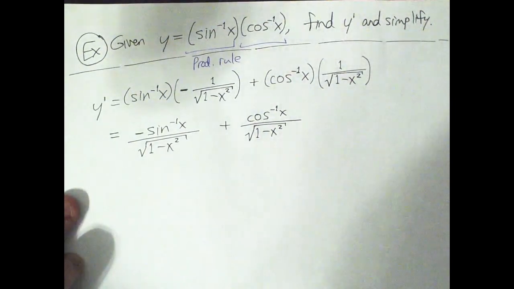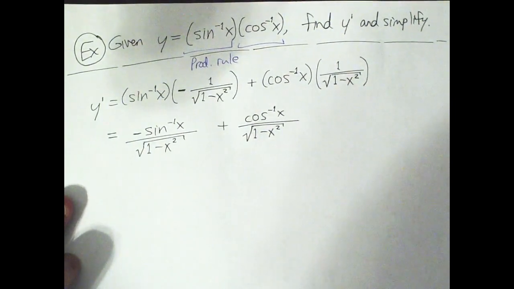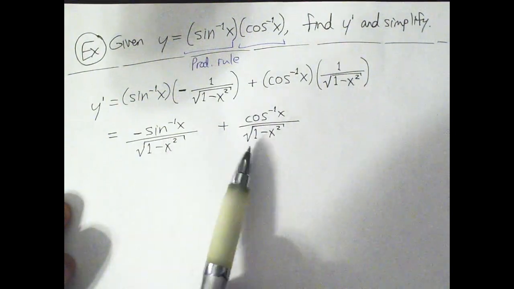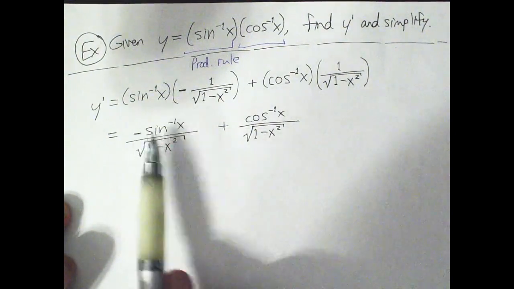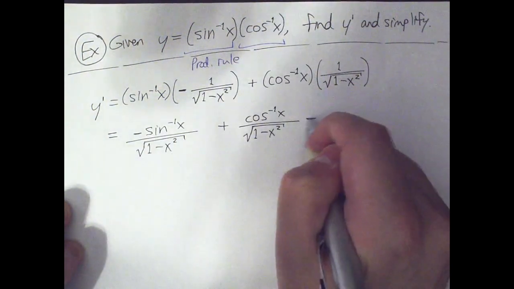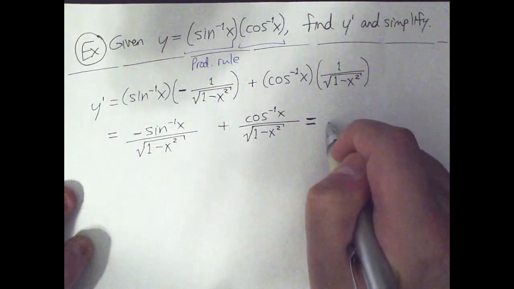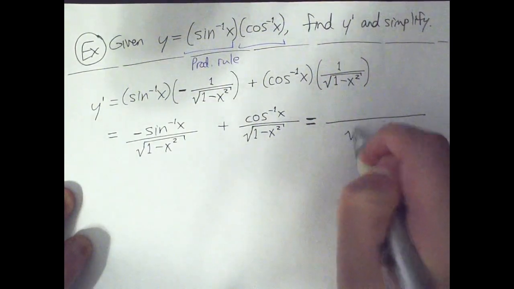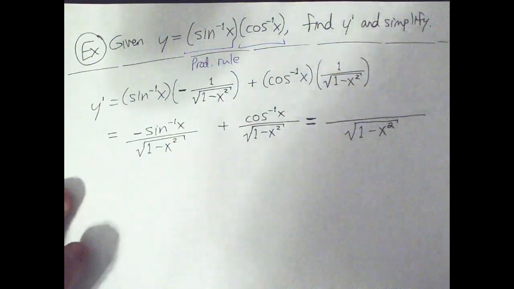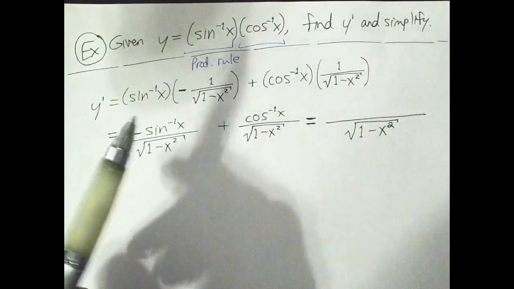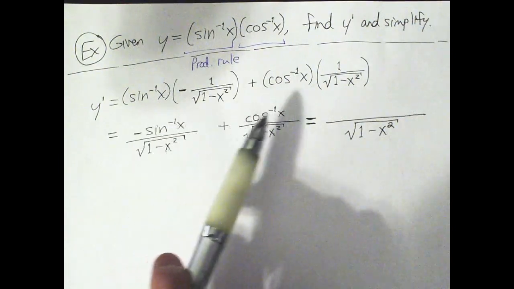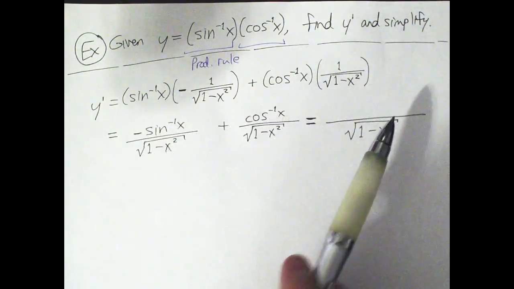What I was hoping you would notice is that when you do this problem, you sort of naturally wind up with a common denominator. And if you have a fraction plus a fraction and the denominator is the same, you can combine it into one fraction, right? One fraction where this is the denominator. And there's a couple of ways we could do this. We could write up top for the numerator, we could say negative inverse sine x plus inverse cosine x.